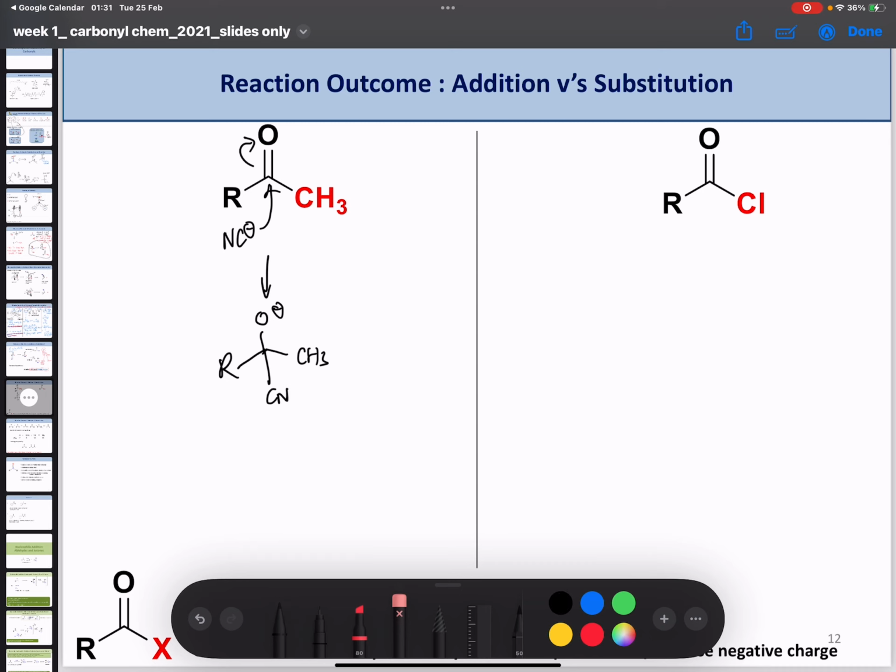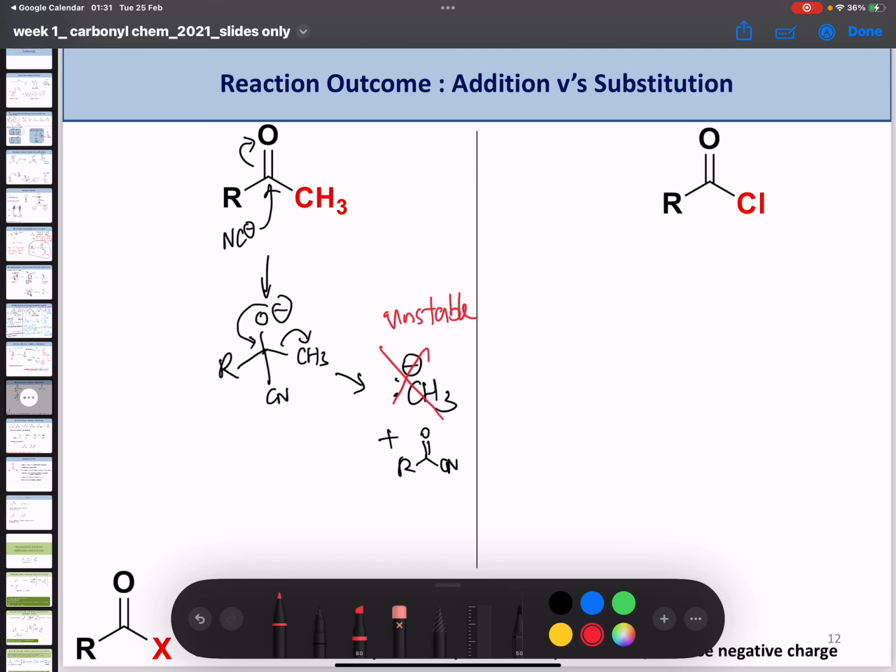And then the question is, if this left, is CH3 able to do this? And the answer is by no means. This is super unstable, right?